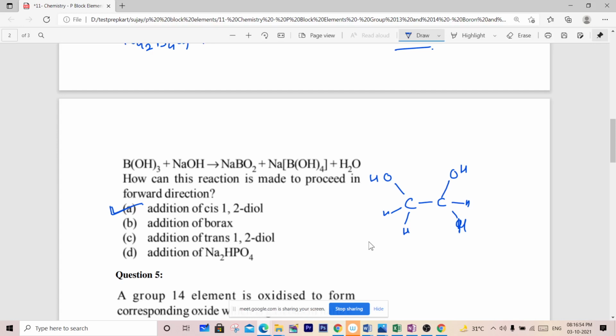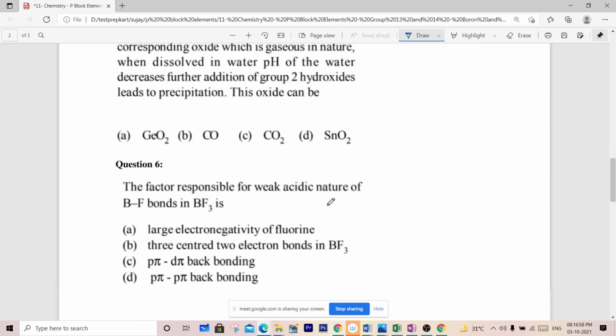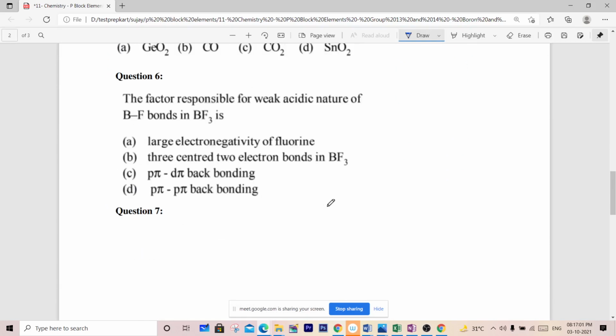Okay, group 14 we have not done, so we'll not do this part. Question number 6. The factor responsible for the weak acidic nature of BF3. The boron trifluoride is a weak acid. Why do we say so?